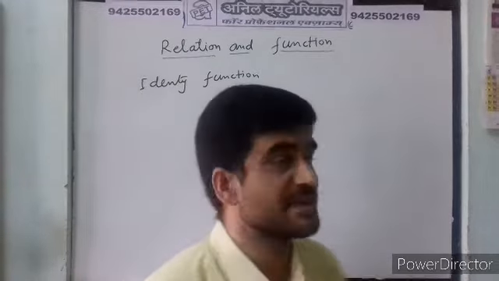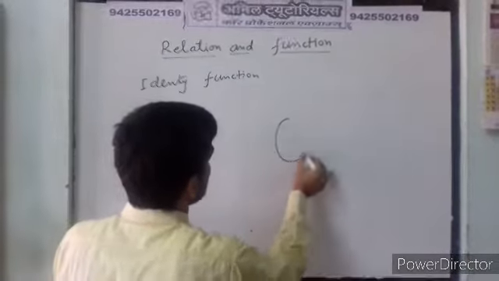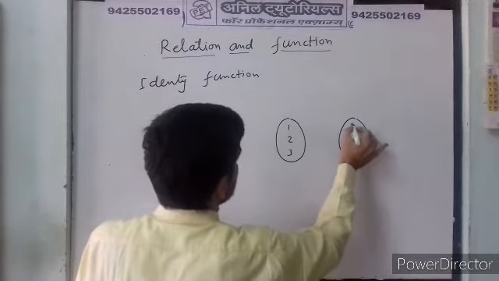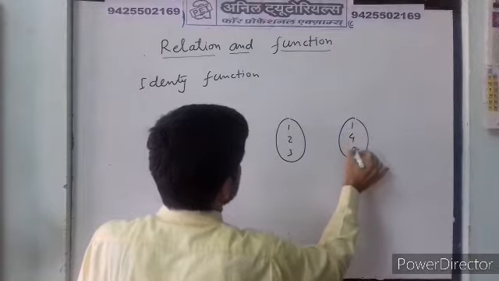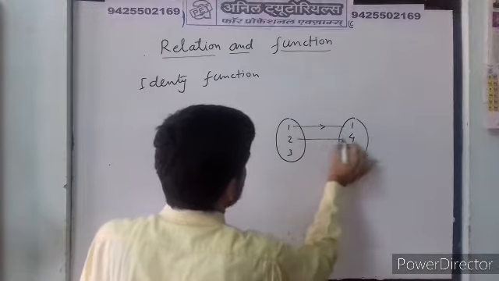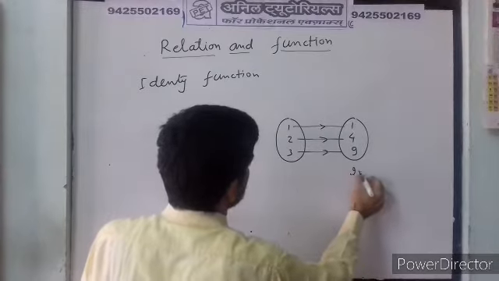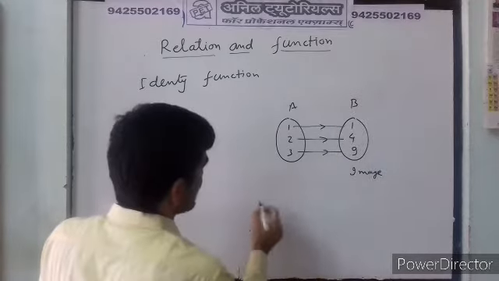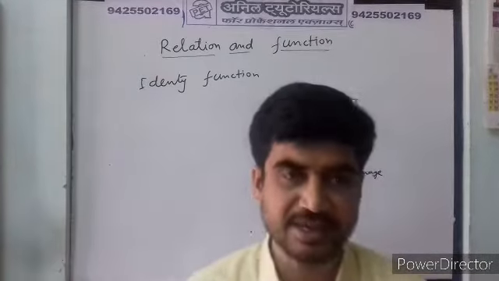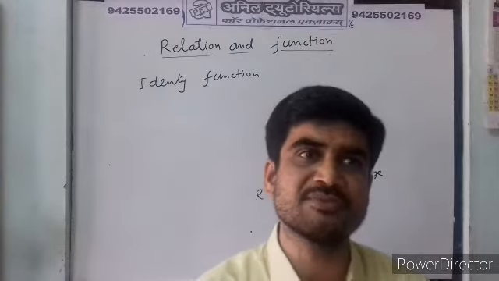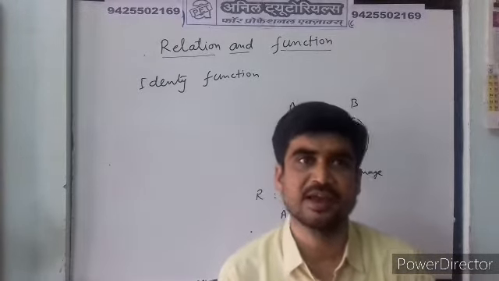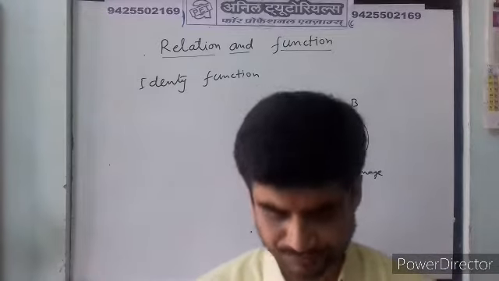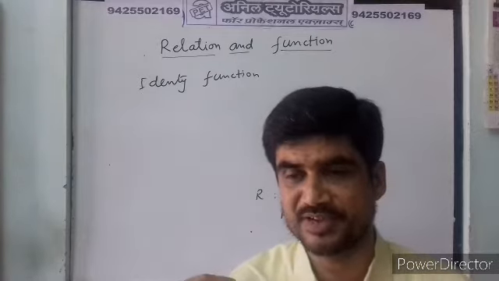If you have two sets, set A and set B, and the elements are related like this, this is the image. If it is a function, set A has one and only one image in set B. This is the pictorial form.